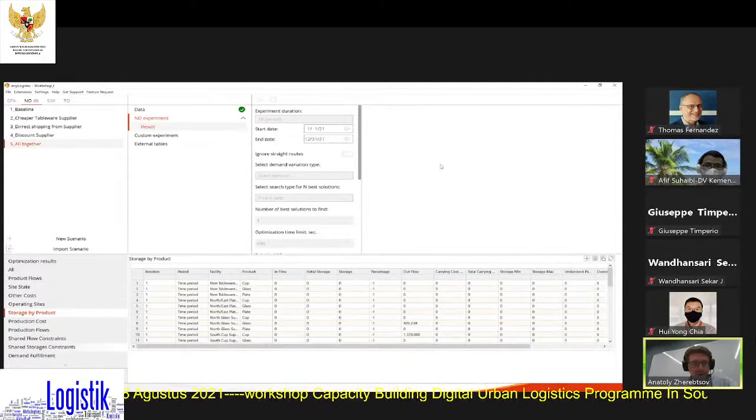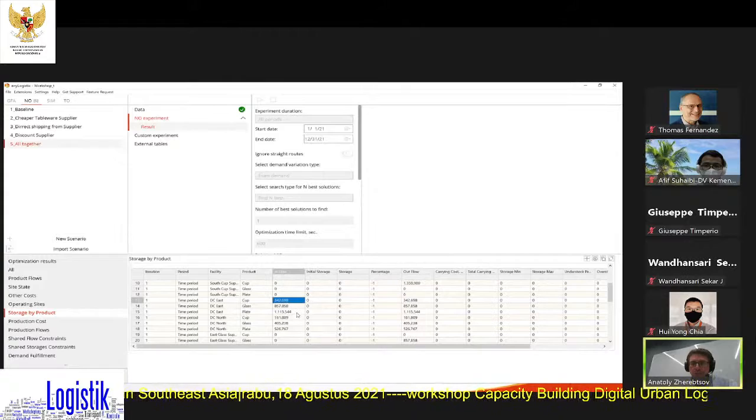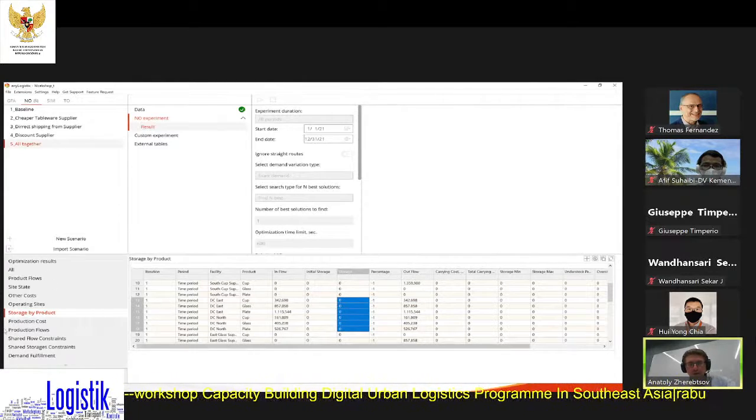That is the storage by product. It's a table related to warehouses, distribution centers and factories, and it shows incoming flows of products and outgoing flows. And in case we need to store something, it will also show storage for a certain period.